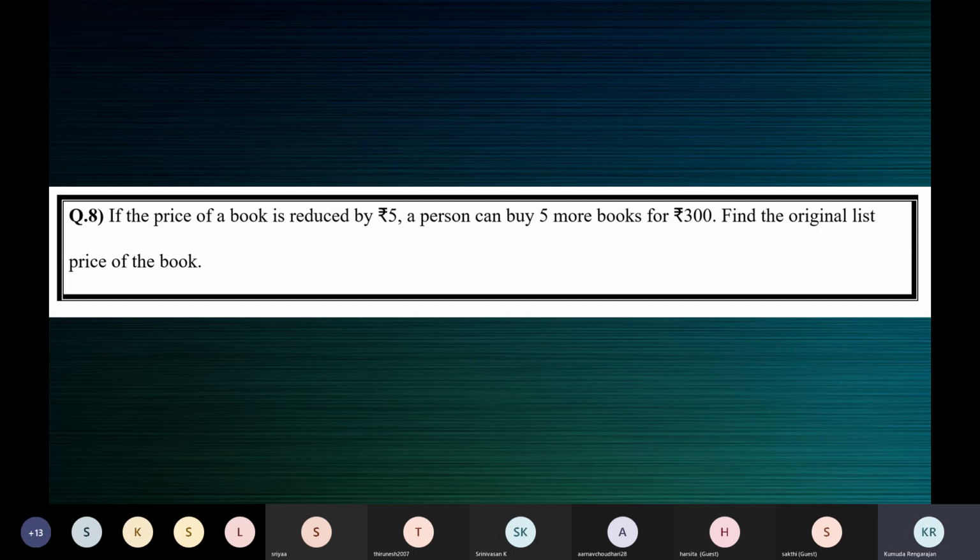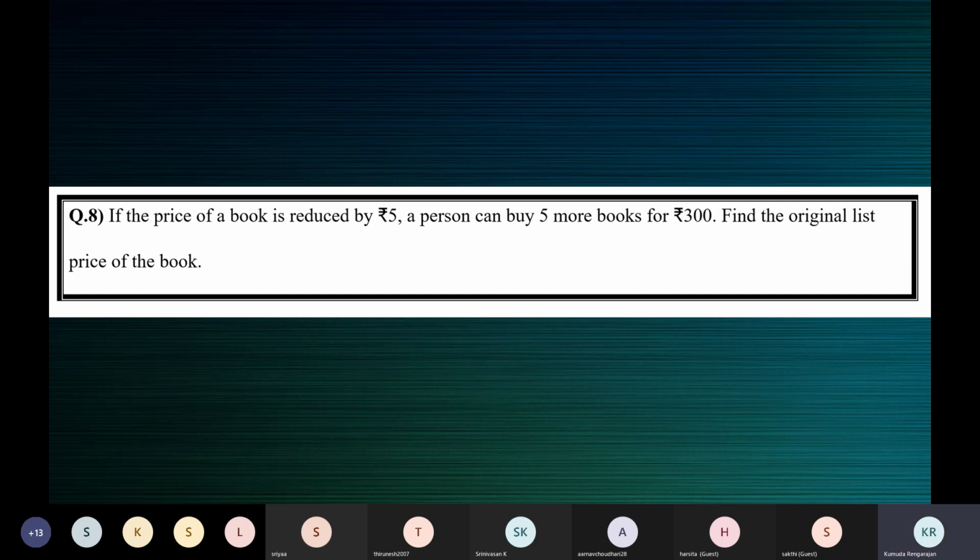So let's construct the question according to our information. Let's take one case where the cost of the book is 50 rupees and the other case where the cost of the book is 60 rupees. Now here it's given he can buy more books, right? So we'll take 60 as the original price and 50 as the new price.